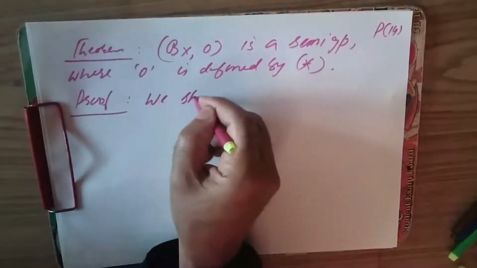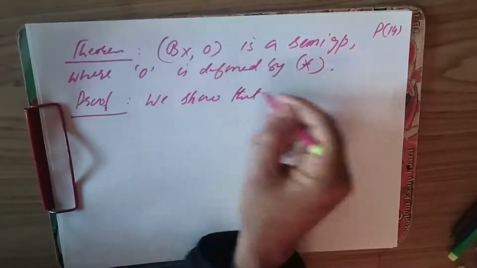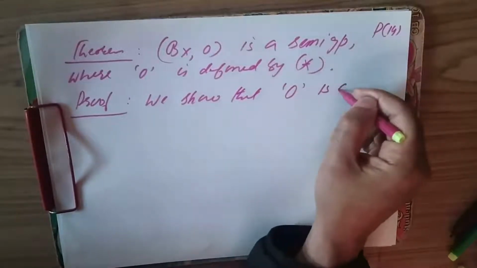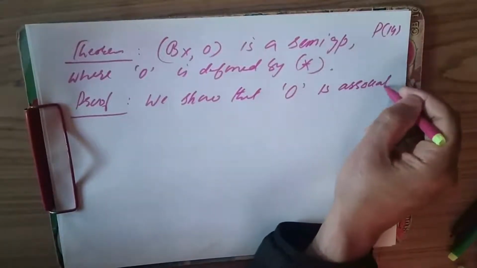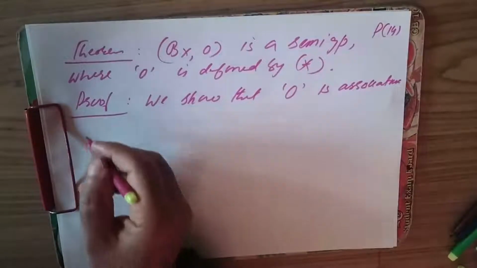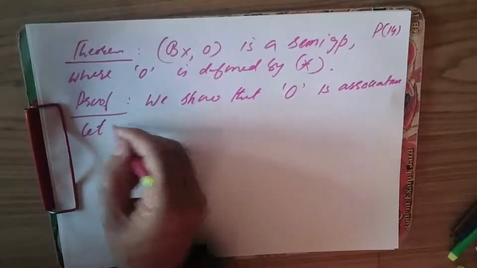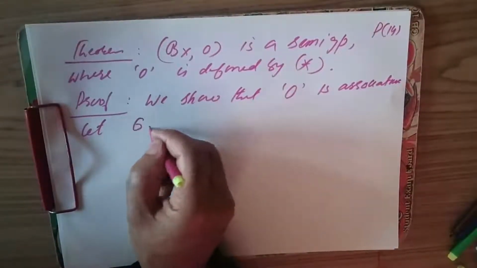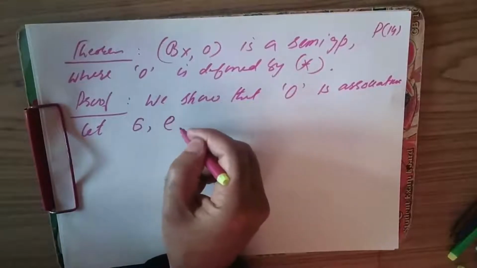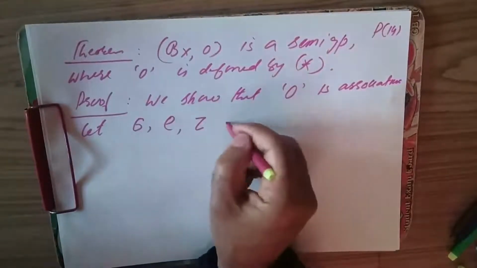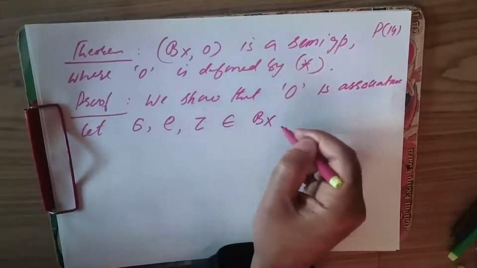We show that the binary operation is associative. For this we choose three elements. Let sigma, rho, tau belong to B(X).